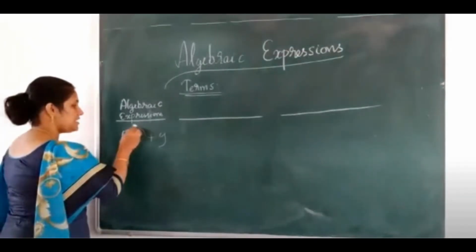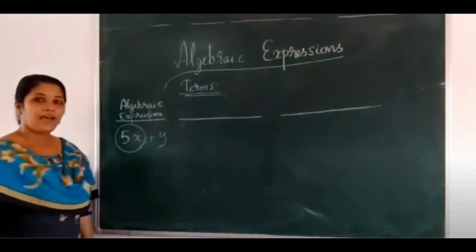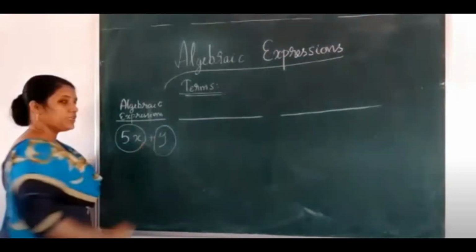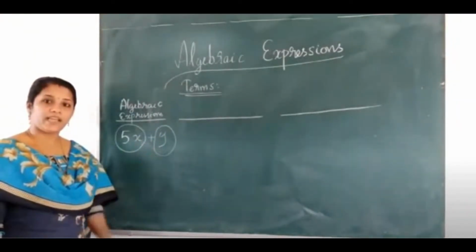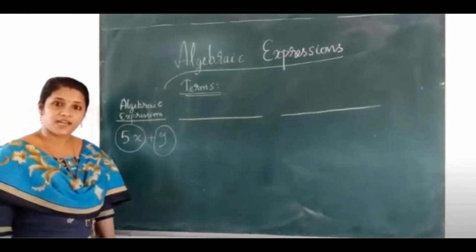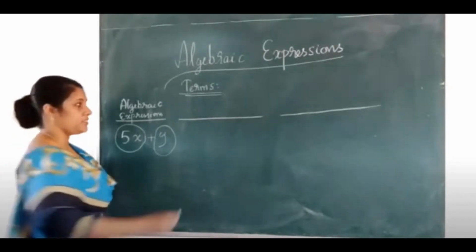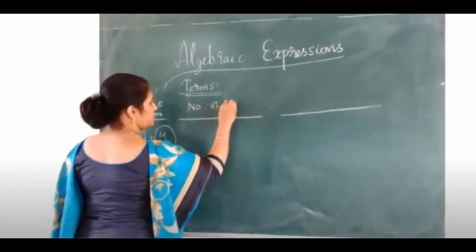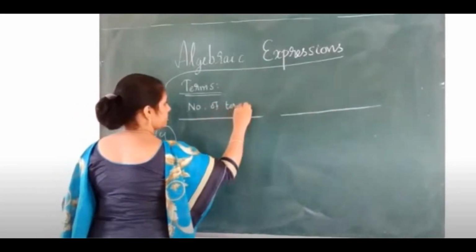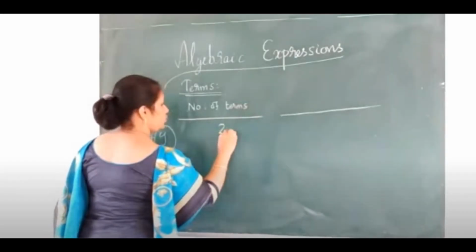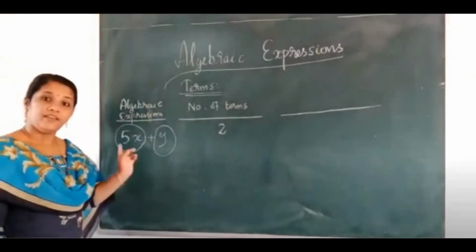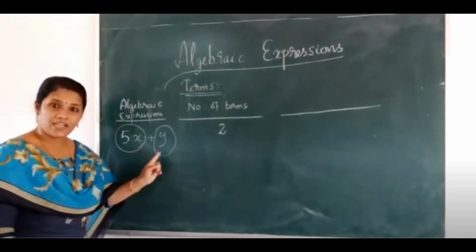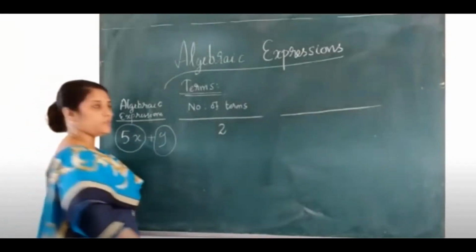The first is 5x and the second one is y. How many terms are there? Two terms. Let's write here the number of terms: two terms. And what are the two terms? 5x and y are the two terms.